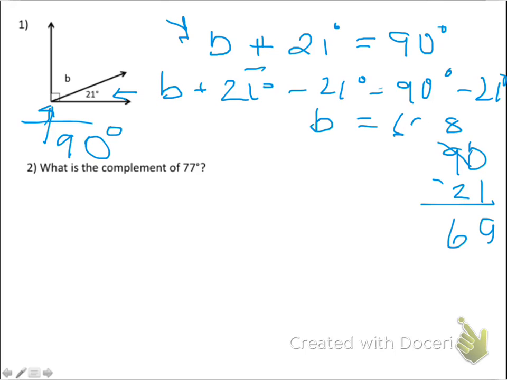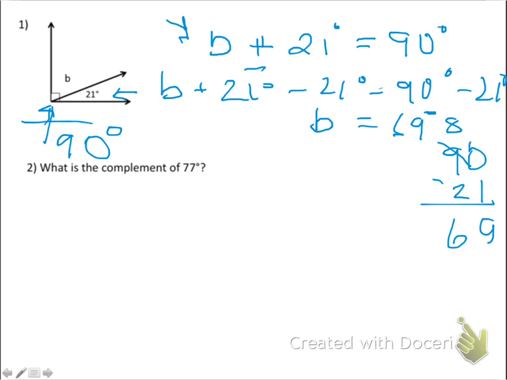So B is equal to 69 degrees. If you're struggling with this problem, pause it and watch it again. Make sure you've written it down clearly in your notebook, and then you can raise your hand and ask me.